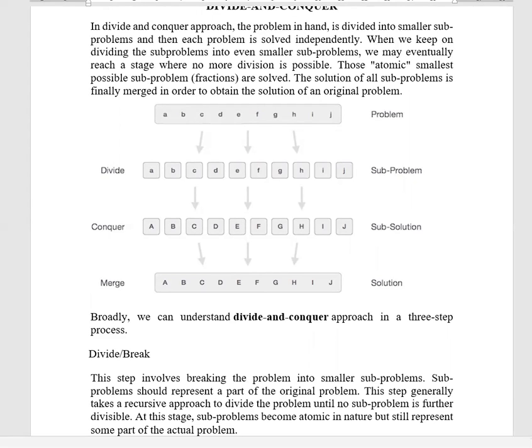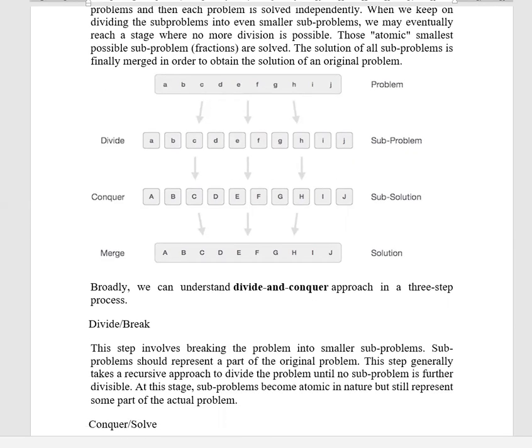So we distribute all elements a to j as single problems. So that is known as sub-problems. Then we conquer, or we find the solution for this problem. So we got the solution. After getting the solution, we simply merge them all, so it becomes an array. So there is an array.